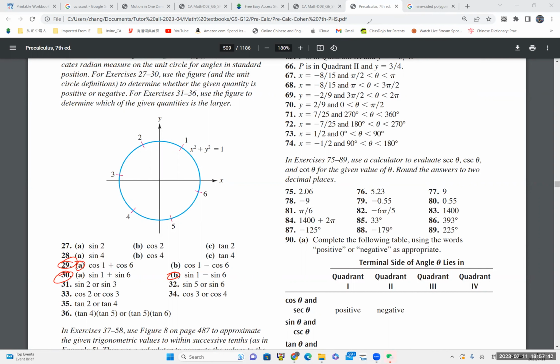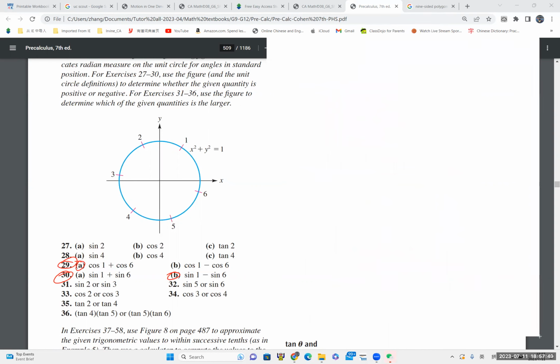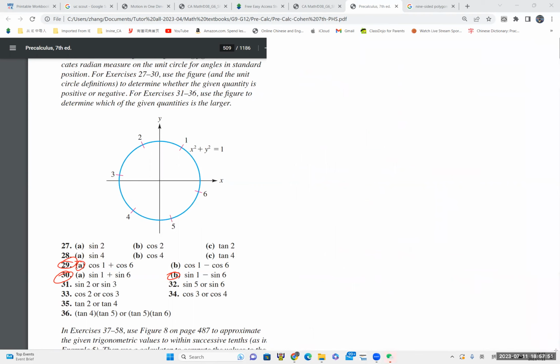Give your whiteboard. Ray does 30 part B. Neo does 29 part A.